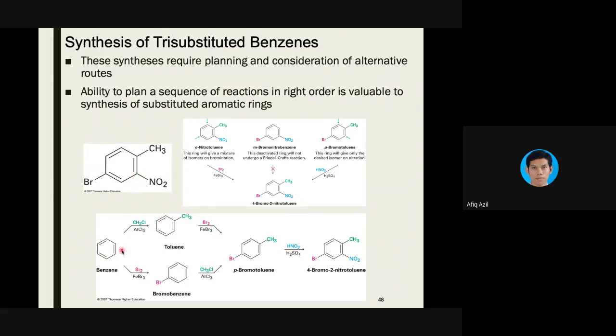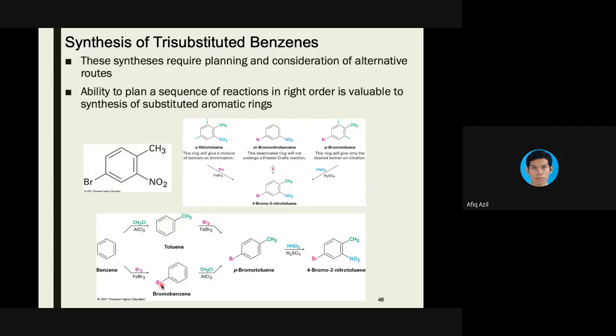For example, here in benzene, you can either have a Friedel-Crafts alkylation first, or you can have bromination first. So you can have this alkyl or bromine, and then proceed by bromination for this one and Friedel-Crafts alkylation for the one below. Because this is an ortho-para director, and this one is an ortho-para director. So you can put the bromine at the para position.